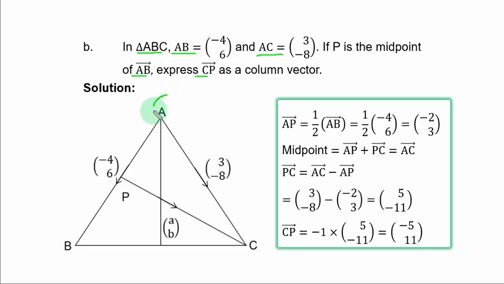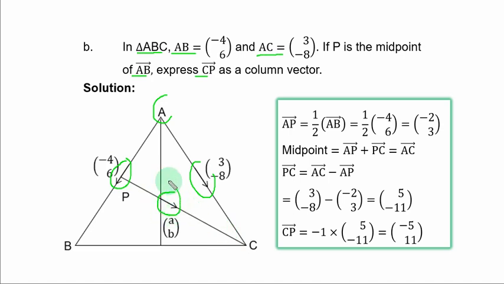So you have triangle ABC. The midpoint of AB is P. You must know that vectors have magnitude and direction, they are vector quantities. So AB, this is the direction, then AC, this is the direction, and PC, this is the direction.